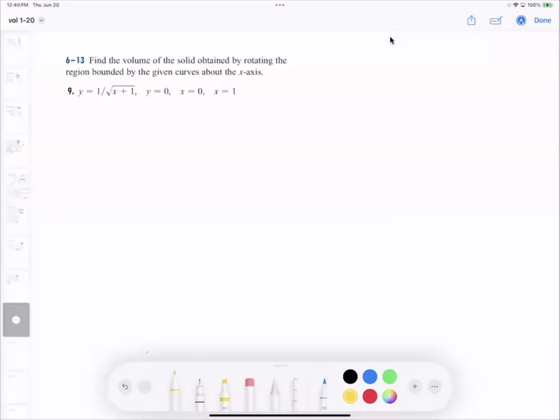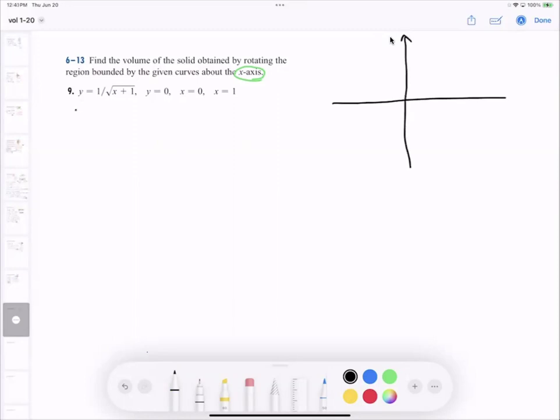In this question, we have y equals 1 over the square root of x plus 1, and y is 0, x is 0, x equals 1, and you're rotating this about the x-axis. So let's try to visualize this as much as we can. Here we go. So here you have your x and y.